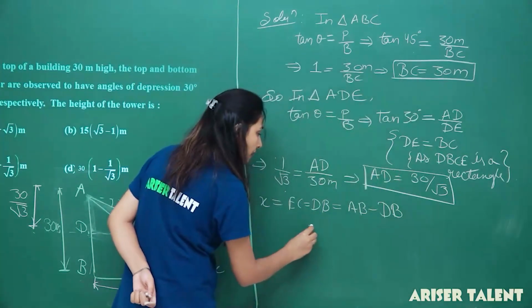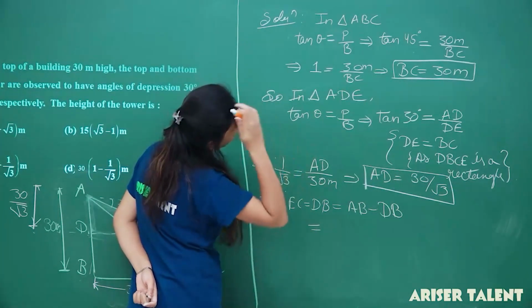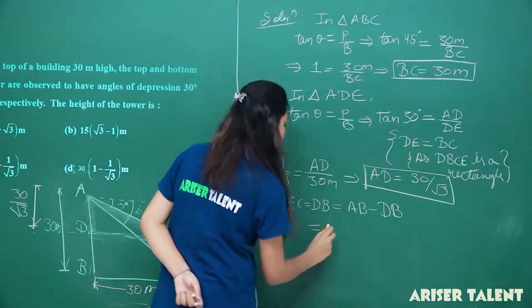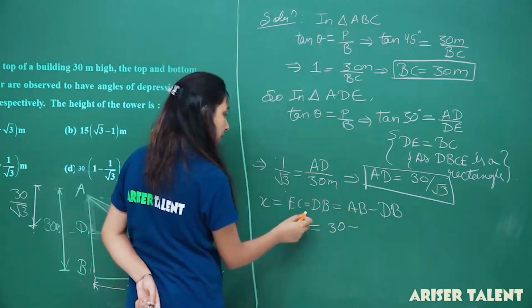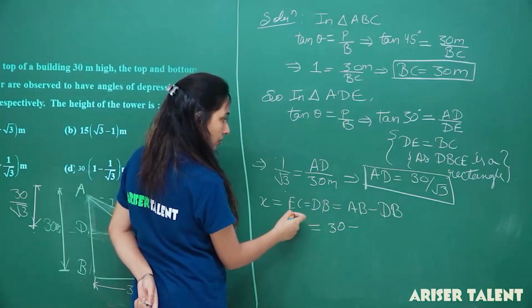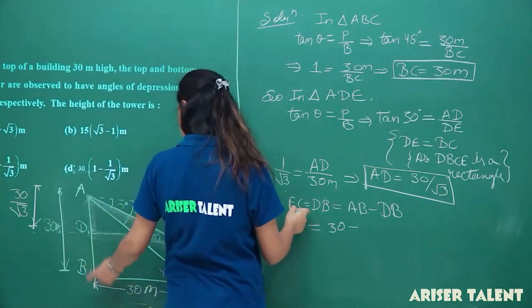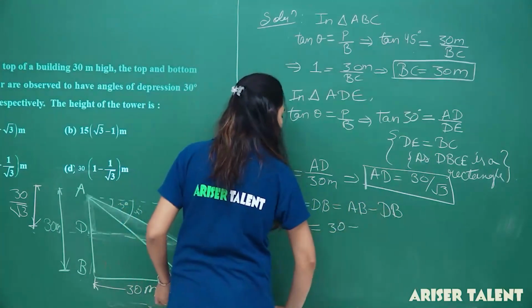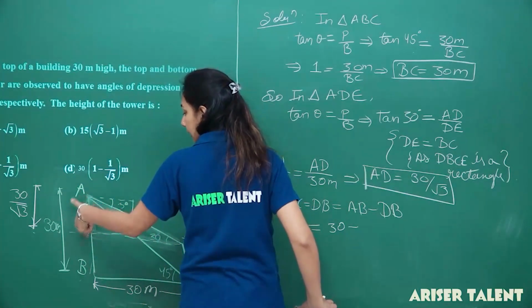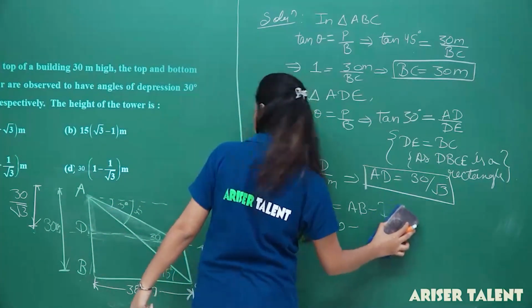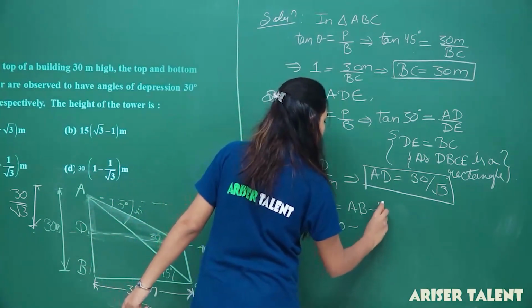So we put the values: AB's value is given as 30, and we have subtracted AD from AB.